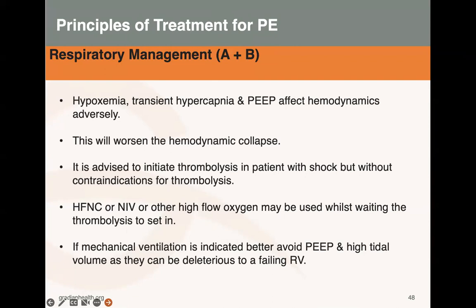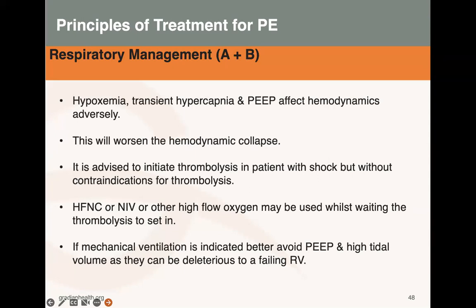I should also avoid high tidal volumes, because again, I'll still be obstructing the backflow of blood. So once I'm putting a patient on mechanical ventilation, it's important to make sure that I'm oxygenating, but I'm minimizing. I'm going with less and less.